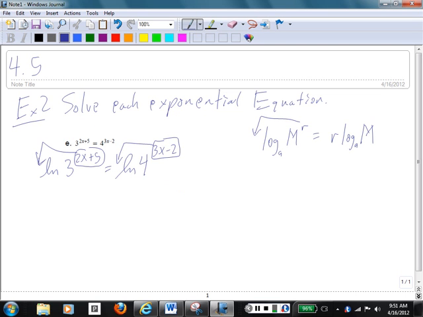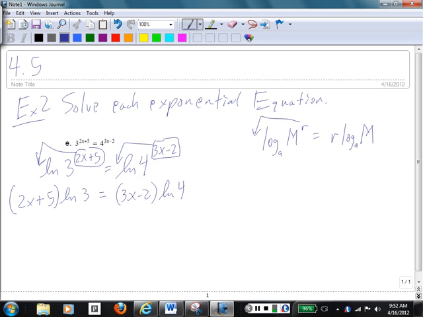Now it involves some logs, but they're just logs of constants rather than logs of variables. Since 2x plus 5 is a binomial, I put it out in front. I'm not going to be quite right if I don't enclose that in parentheses. It's that entire quantity multiplied by the log, and it's the entire quantity 3x minus 2 multiplied by this log.